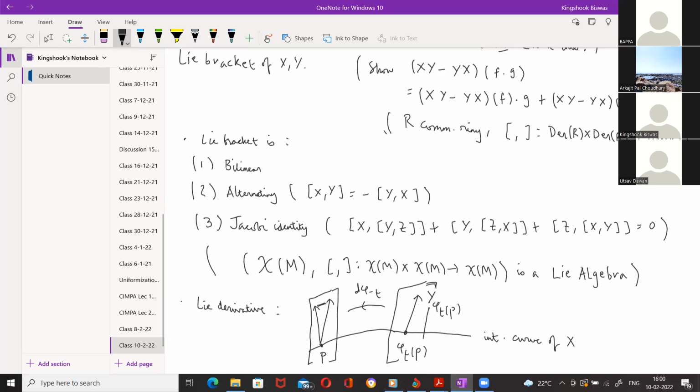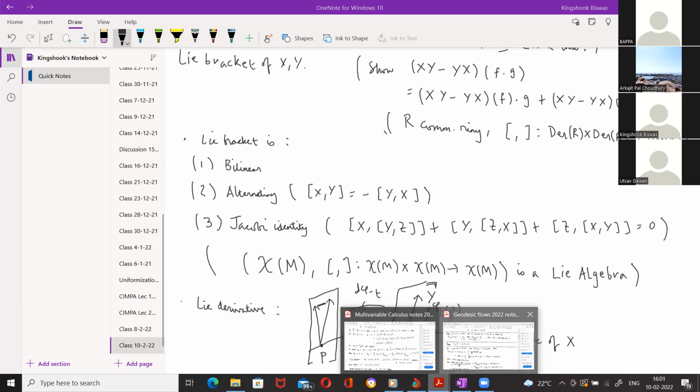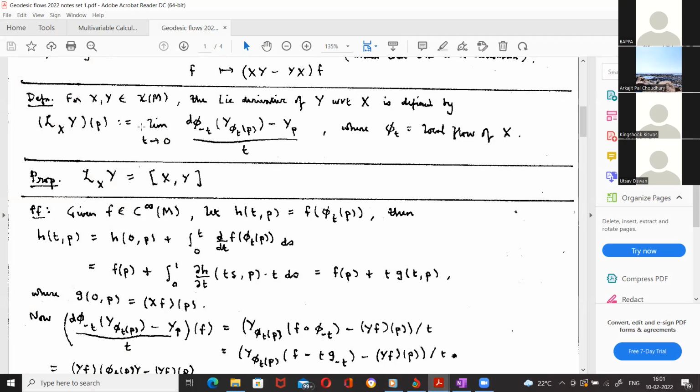So it's a sort of derivative of the vector field Y with respect to the vector field X. So here's the definition: the limit as t tends to 0 of d phi minus t of Y at phi t of P, minus Y at P, divided by t. Note that this difference makes sense because both of these belong to the same tangent space, the tangent space at P. Is this clear?